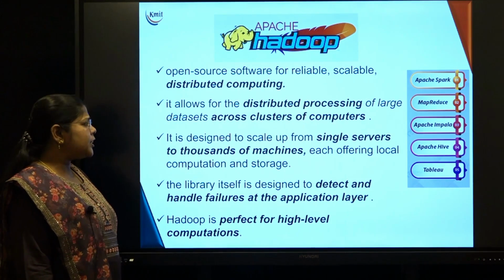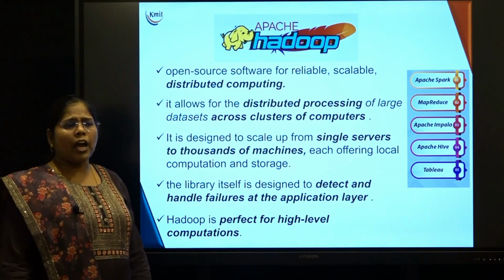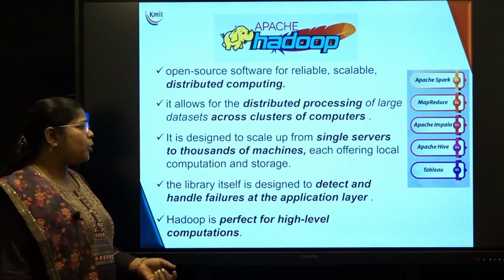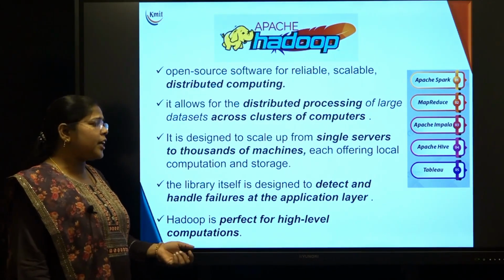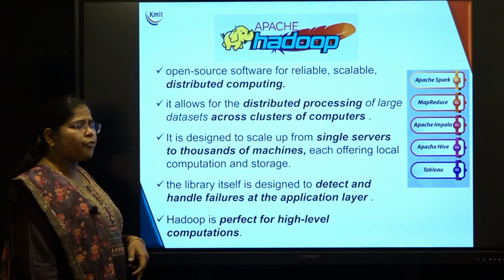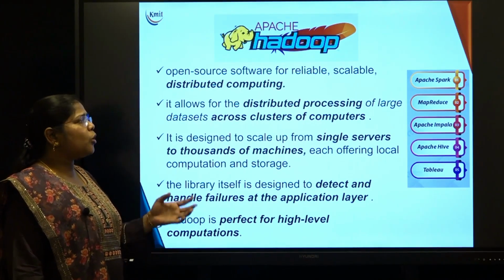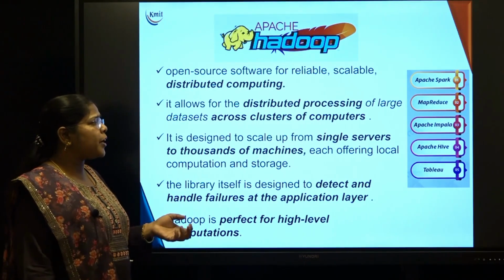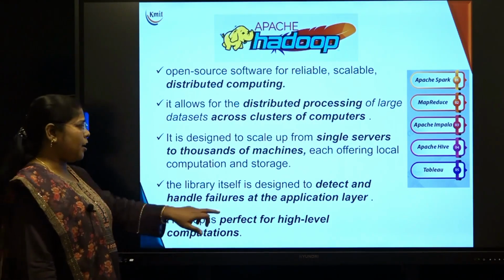The library itself is able to detect the faults. So, Hadoop has a better advantage. It can detect the failures of data at the application layer itself. So Hadoop is perfect for higher level computations. So we have Apache Spark, MapReduce and Hive and Tableau for accessing the data.